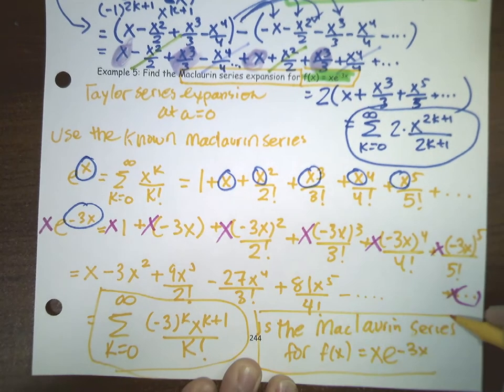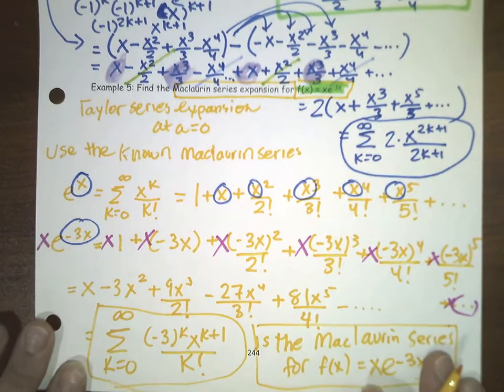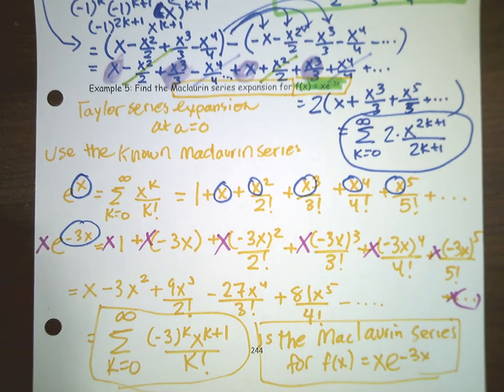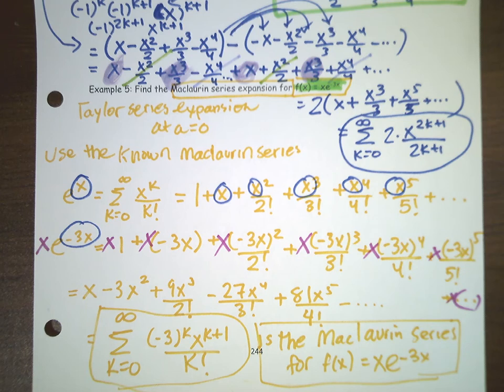What a time to be alive. I really hope that you enjoyed finding these Taylor and Maclaurin series expansions. So now let's go ahead and look at the errors. Let's look at an example here.